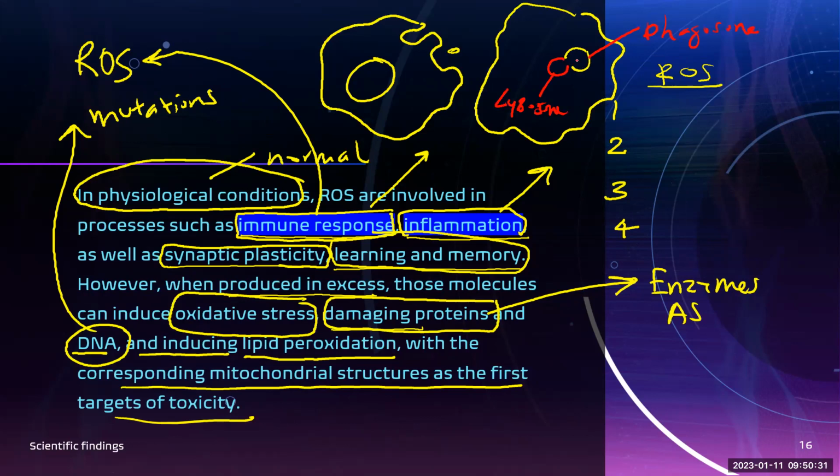After that, the lysosome secretes enzymes. These enzymes can kill the pathogen. So we have learned the lysosome releases enzymes. Then the enzymes can kill the pathogen.